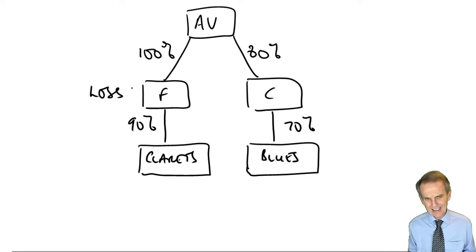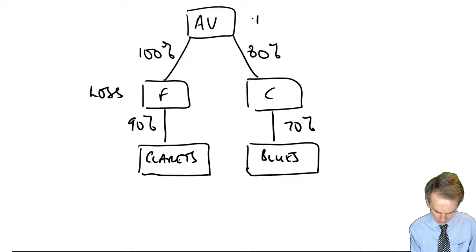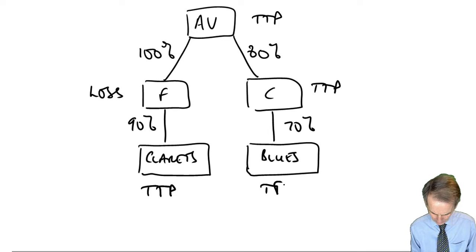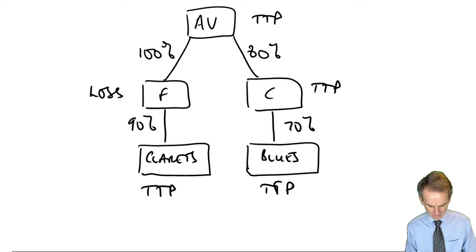But the basic idea is, if we've got a loss in F and we've got TTP, taxable total profits, in each of these other companies there.